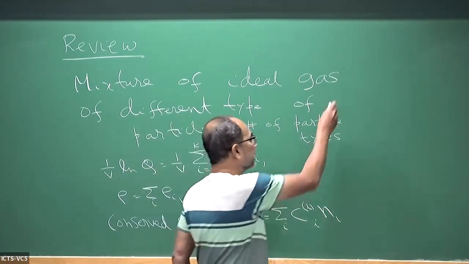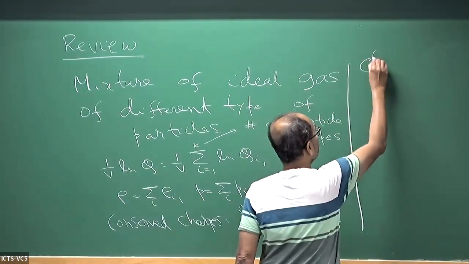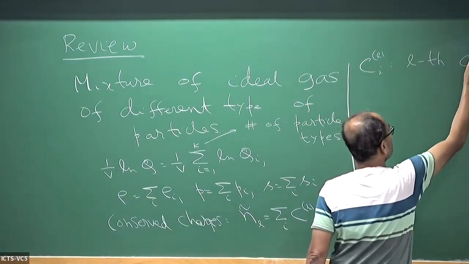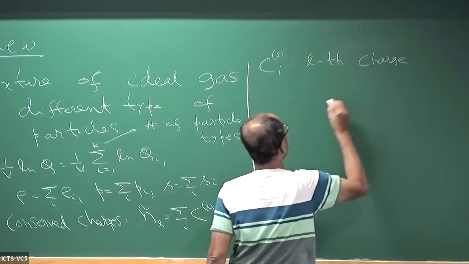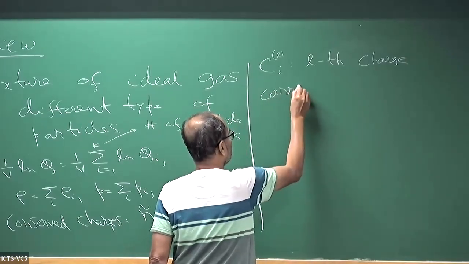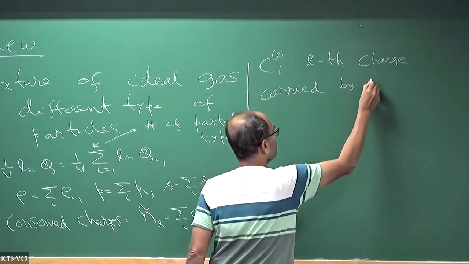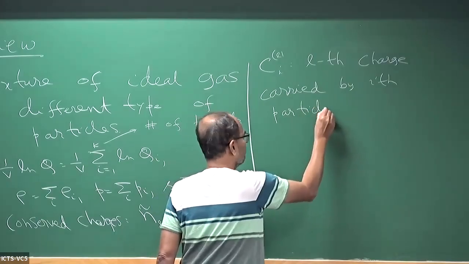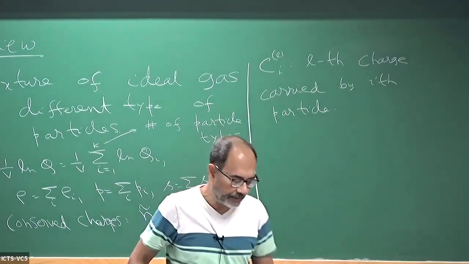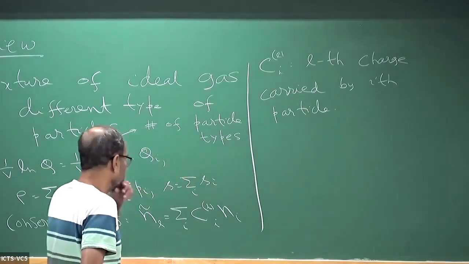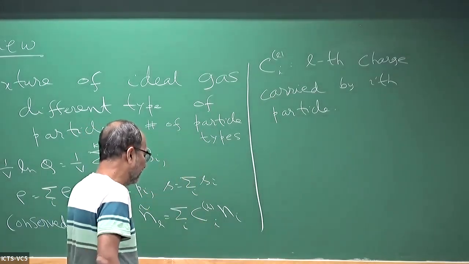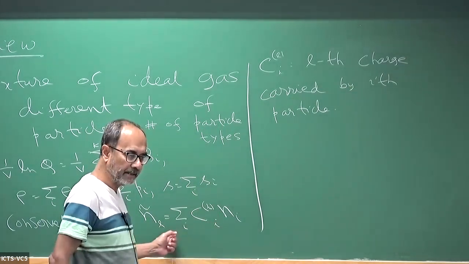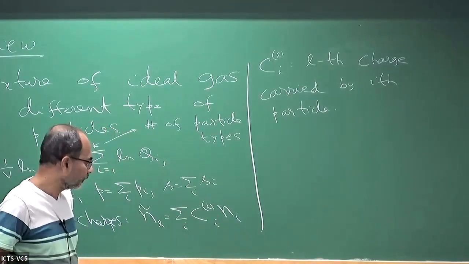The interpretation is that C_Li is the Lth charge carried by the ith particle. If the ith particle carries charge C_Li and the density of the ith particle is N_i, then the total charge density contributed is C_Li times N_i, and you sum over all i to calculate the total charge density.